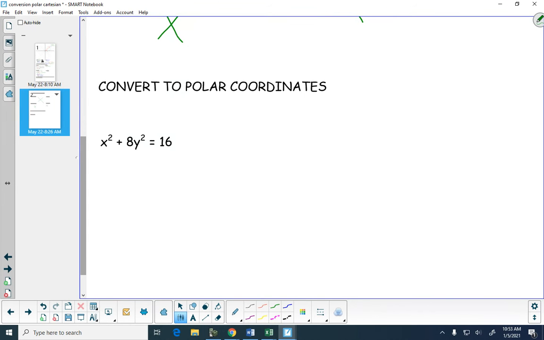where we are putting the process in reverse. We have Cartesian, and we want to put it back into polar coordinates. From the front side, we have x is equal to r cosine of theta, and y is equal to r sine of theta.